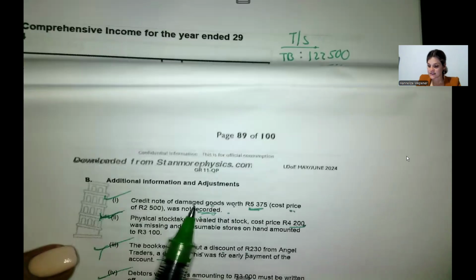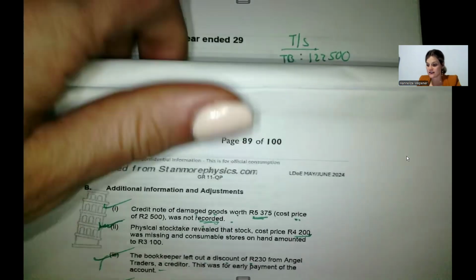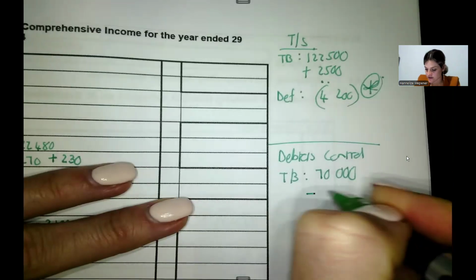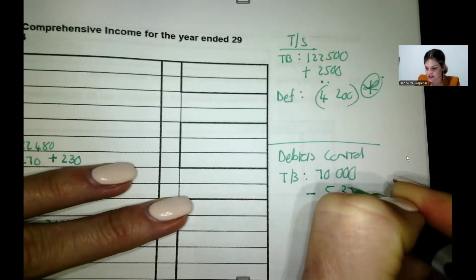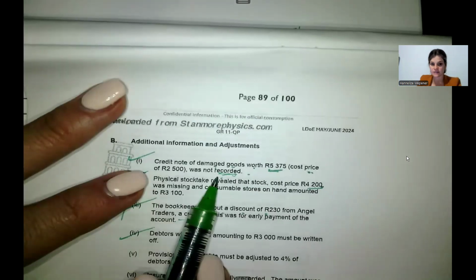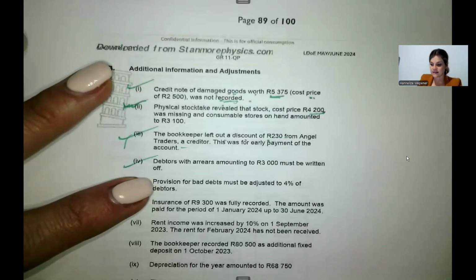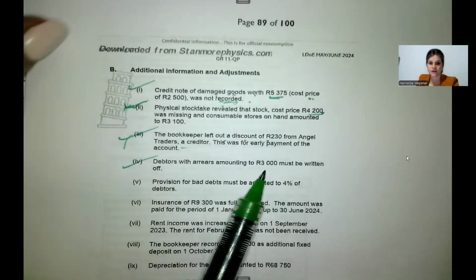However, they then said that there was that credit note for goods that were damaged. Therefore, the debtor no longer owes us 5,375 because the debtor returned the goods. Then we also had a debtor that was written off, 3,000 Rand.